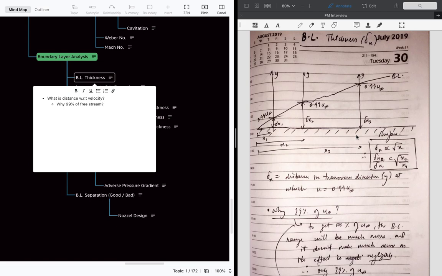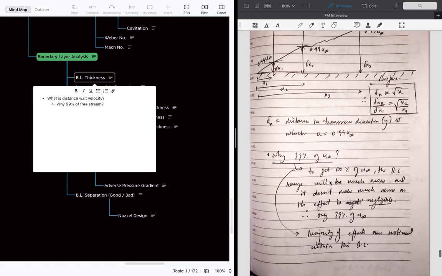And how do we get that distance? It is the distance in the transverse direction, that is in the y direction, at which the velocity is 99% of the free stream velocity. If you move above and measure the velocity at this section, the particular point where the velocity is 99% of the free stream velocity, that distance is called the boundary thickness, at the particular section.